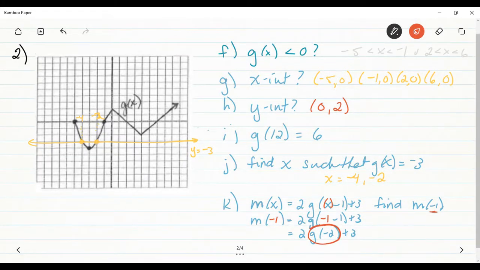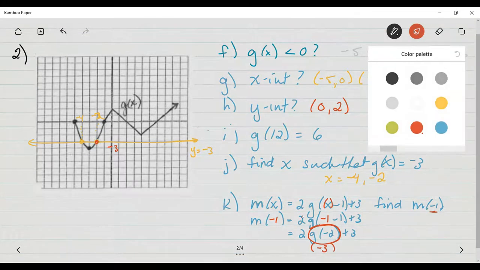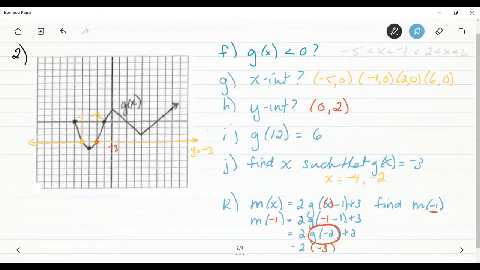We go to -2 on our graph. This value is actually equal to -3. That -3 then gets multiplied by a 2, and we add 3 for a total of -3. So m of -1 is equal to -3.